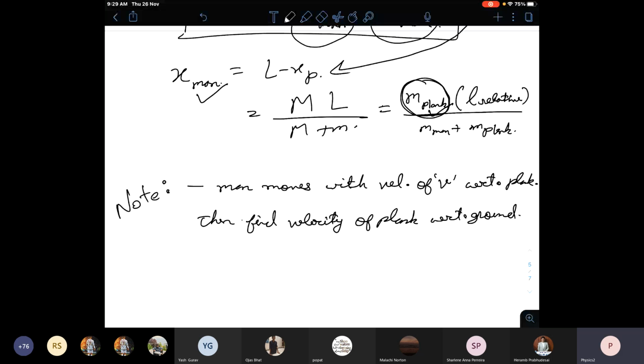Find the velocity of plank with respect to ground. Suppose this is the question, this is the value which you have to calculate. Suppose velocity is given instead of displacement now.